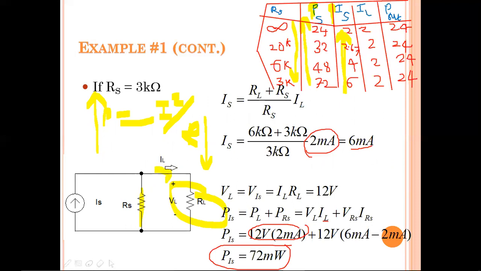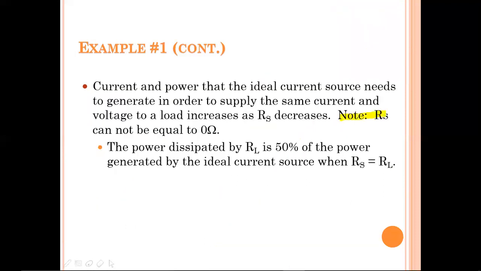Why? Because current always chooses the least resistance path. Instead of flowing through the load, the total current is drawn by this path only. That is the reason I included this point. Note, Rs cannot be equal to 0 ohms.